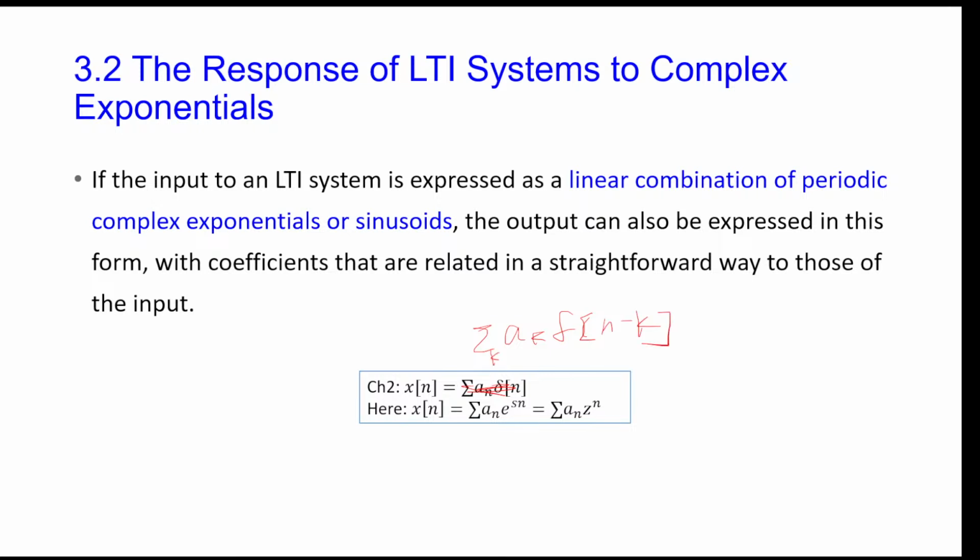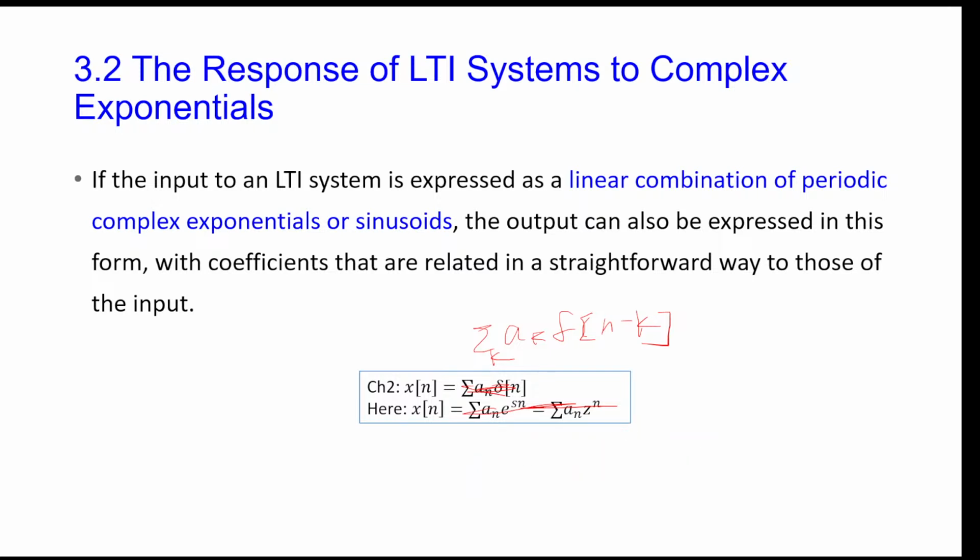Instead of writing the input signal as a linear combination of delta functions, we can write the input signal as a linear combination of e to the sn, or, let's just stick with the discrete notation here.